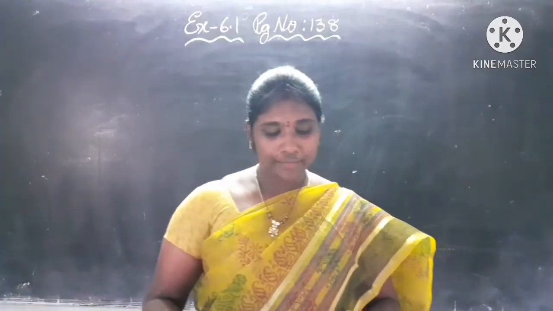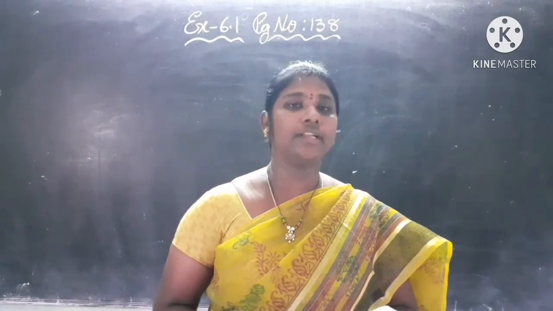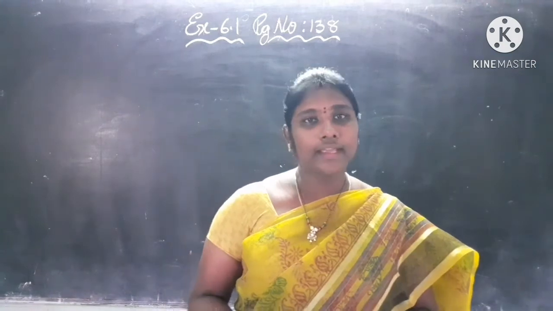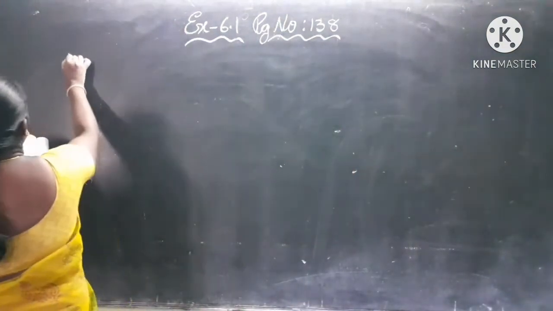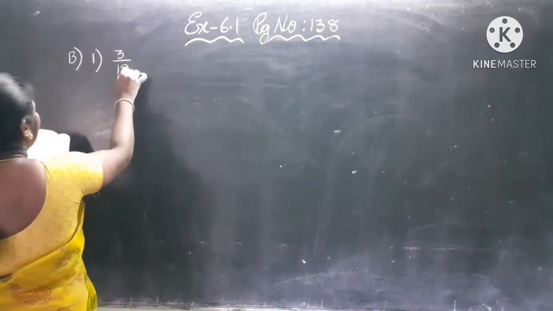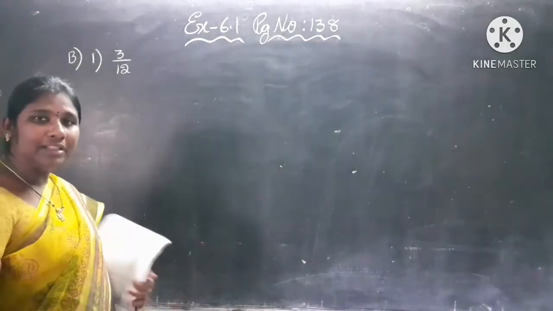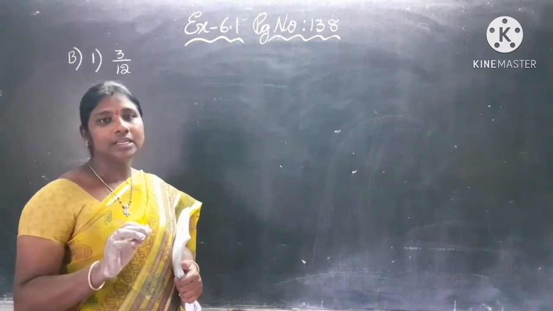Okay, see the B question. Write two equivalent fractions for each of the following fractions. First one, B Roman first one, 3 by 12. We can multiply with any number, but both numerator and denominator we have to multiply with the same number.